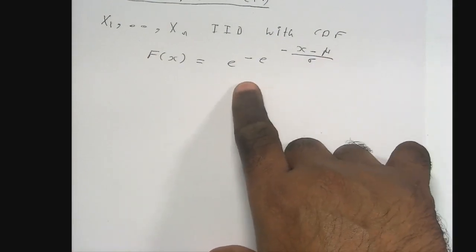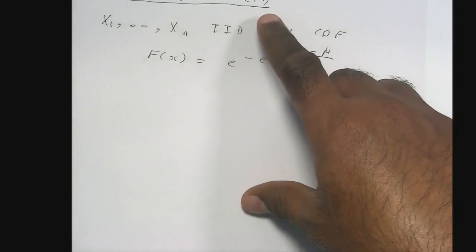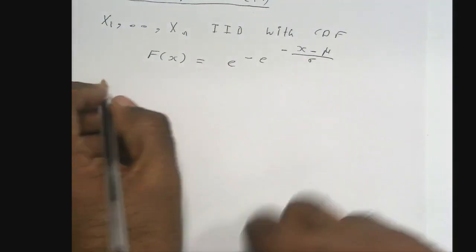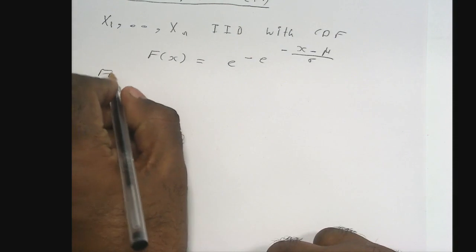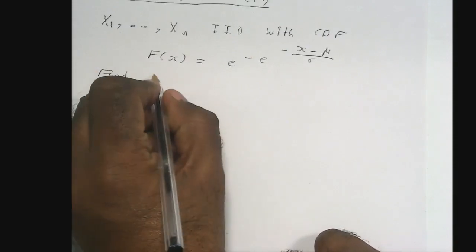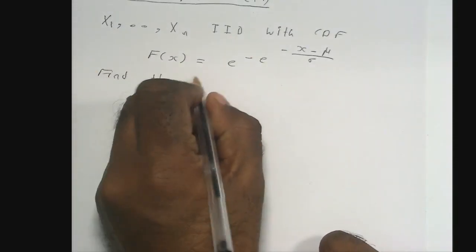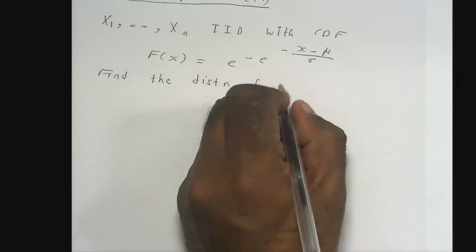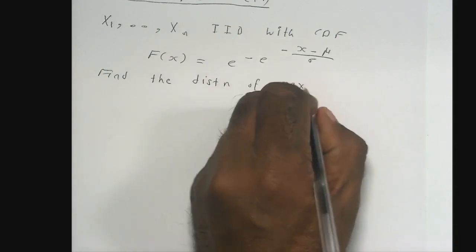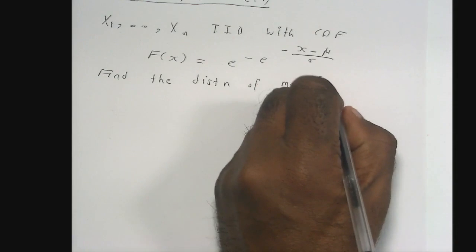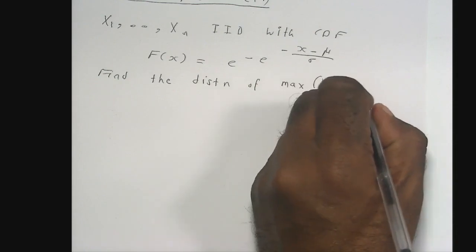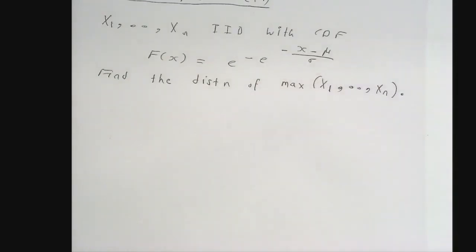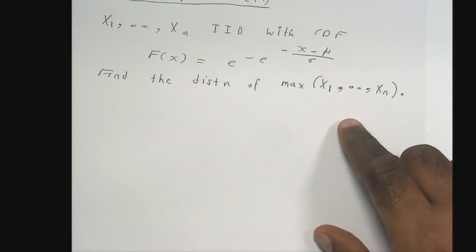And the question in part 4 is to find the distribution of the maximum.